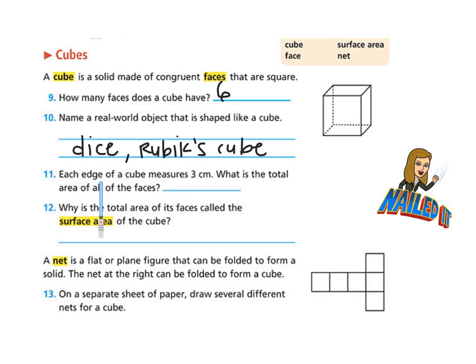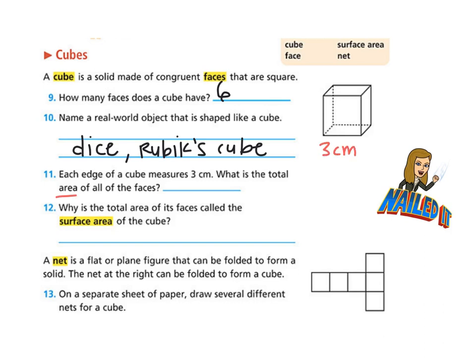So if they tell me that each edge of a cube measures 3 centimeters, what is the total area of all of the faces? Now, an edge is like the lines on the outsides. So each of these black lines and even dotted lines on the inside that we can see here is an edge. And those edges each measure 3 centimeters.